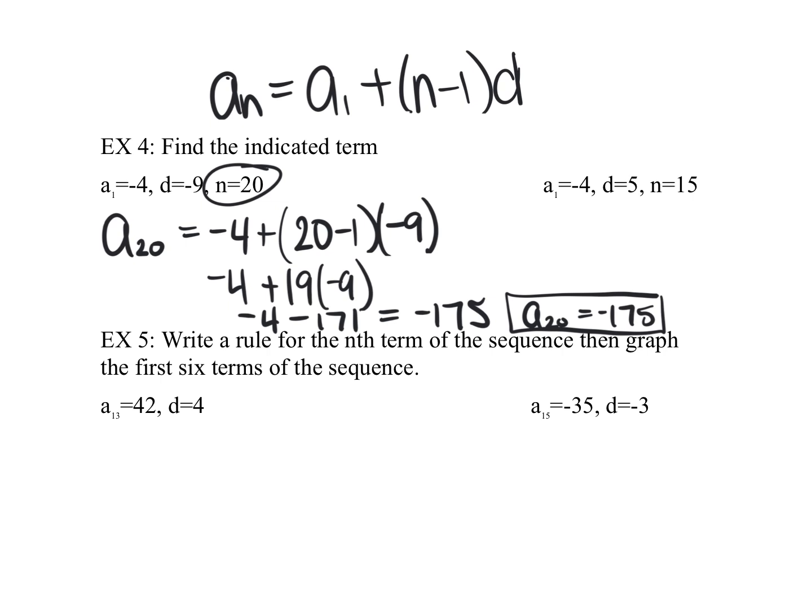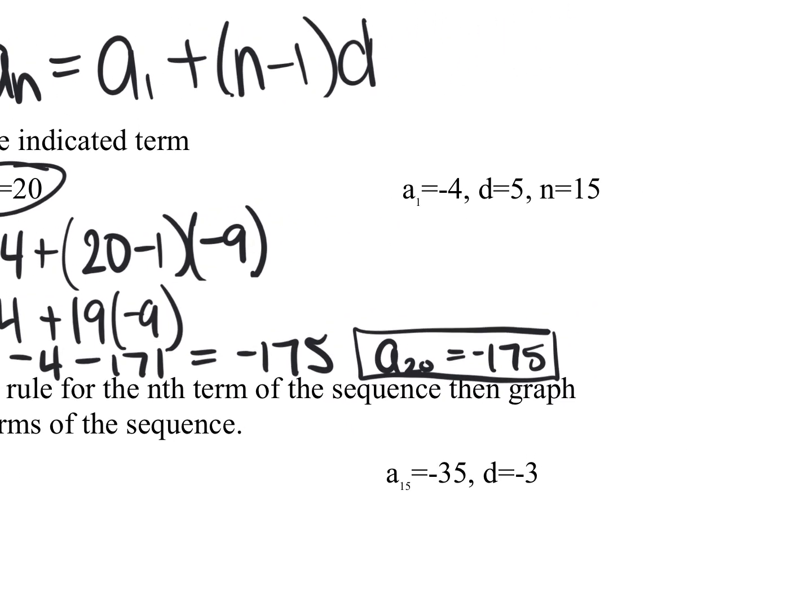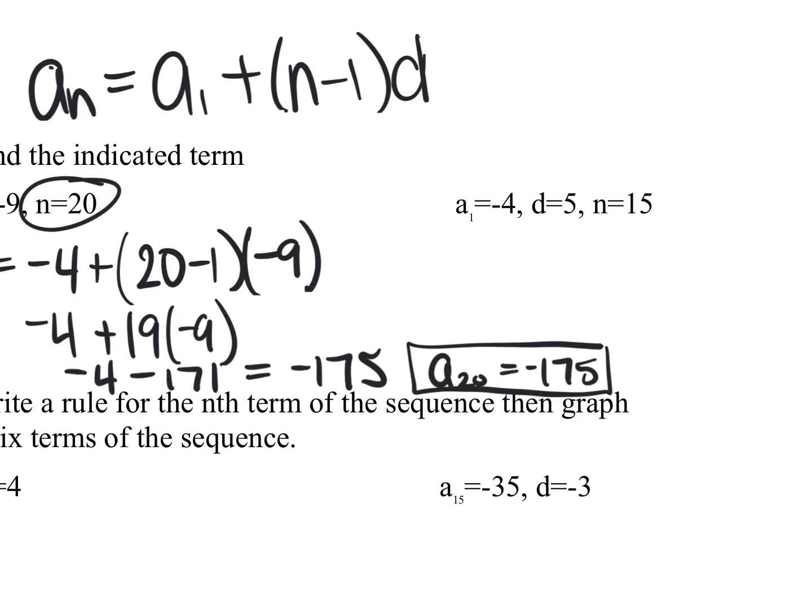Now use the second example to find the indicated term. A1 is negative 4, D is 5, N is 15. All right, so what term are we looking for? A15. What's A1?